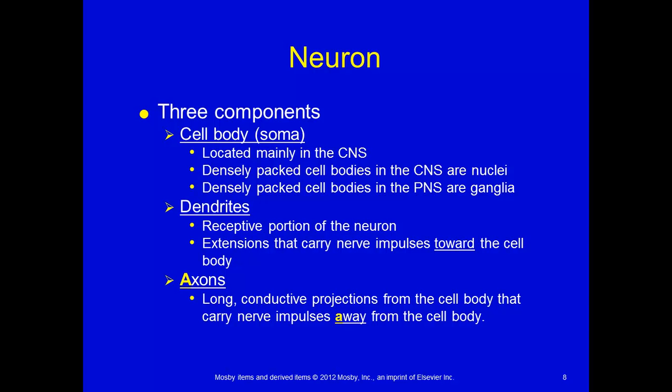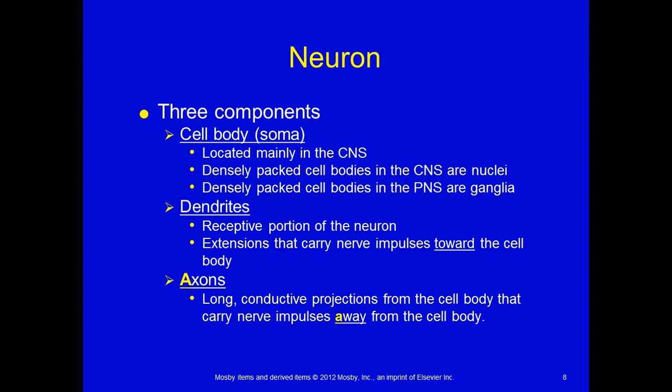Dendrites, which are the what? What do dendrites do? What's their major function? Again, this is a review. What's their major function in terms of their role for the neuron? They're the receivers, right. They are the receptive portion of the neuron. Their extensions then carry those nerve impulses that they have received toward the cell body, toward the soma.